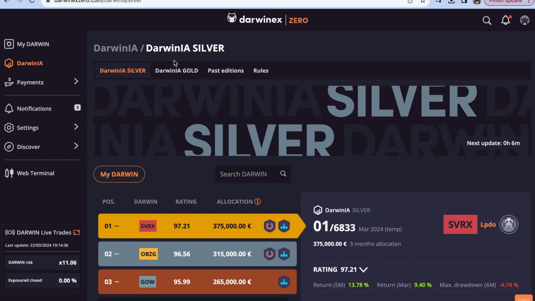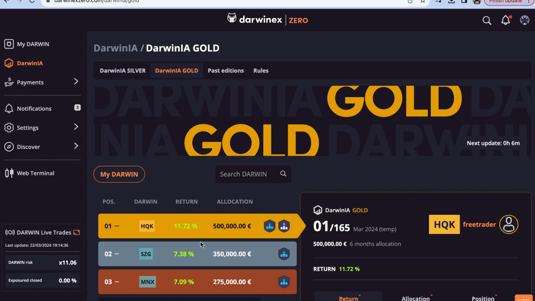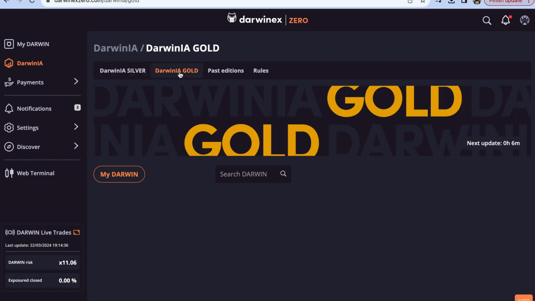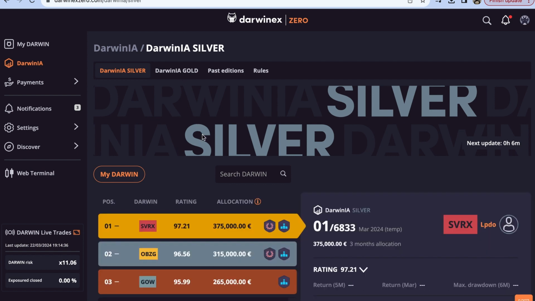And then after that, there's Darwinia Gold, which is the same thing as Darwinia Silver, but if you've been trading it for longer than 6 months and made over 15%, I believe it is, or so like that, right? And after Darwinia Gold, you can actually create your own hedge fund through Darwinex, which is the plan, the goal for me to do as well.